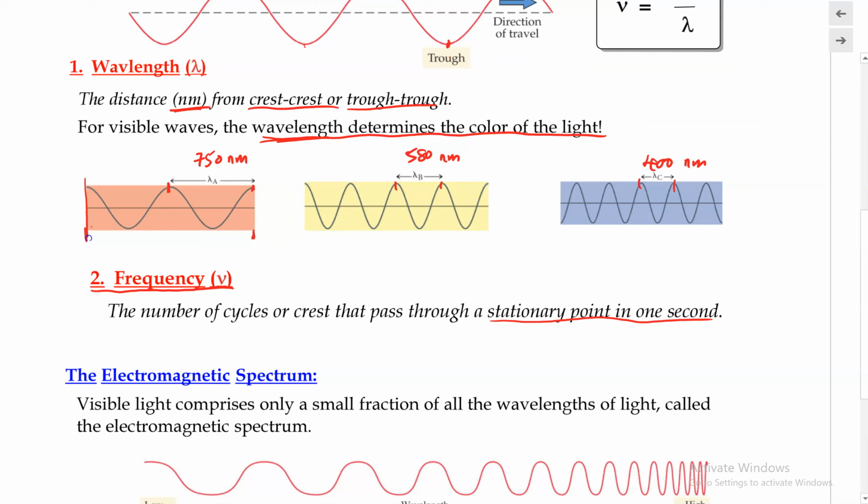You can see that with this purple wave, there are more cycles that go through this same cross section compared to the other wave. So this purple wave has higher frequency compared to the red wave over here, which has lower frequency.